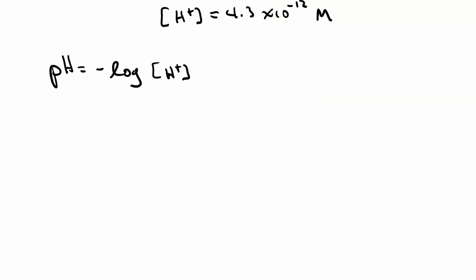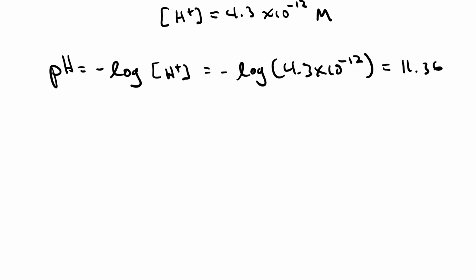Recall, the pH equation is pH equals the negative log of the H plus ion concentration, so that's negative logarithm of 4.3 times 10 to the negative 12th, which gives me 11.36. 2 sig figs in my concentration, 2 decimals to the right in the pH.